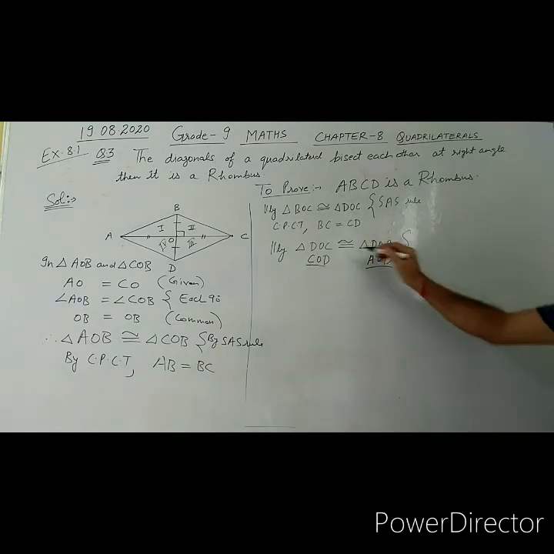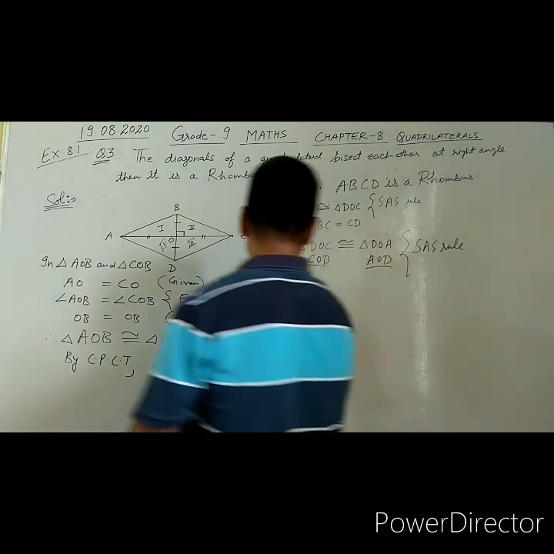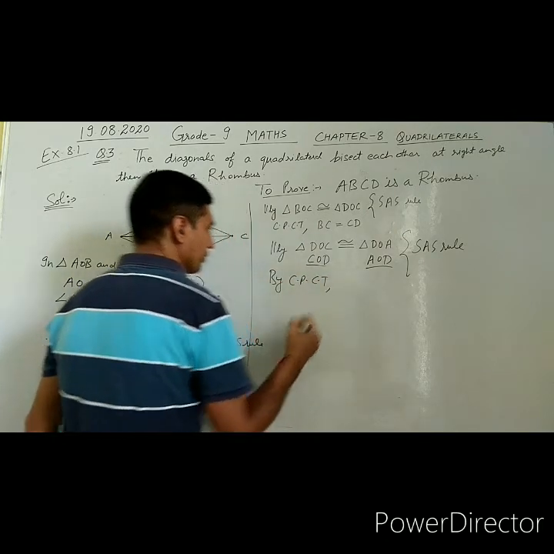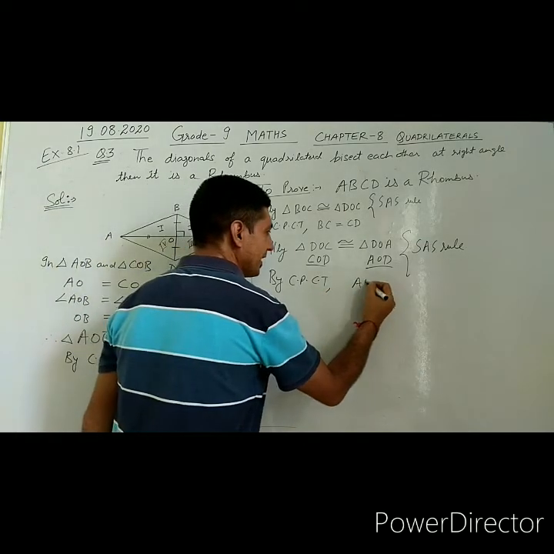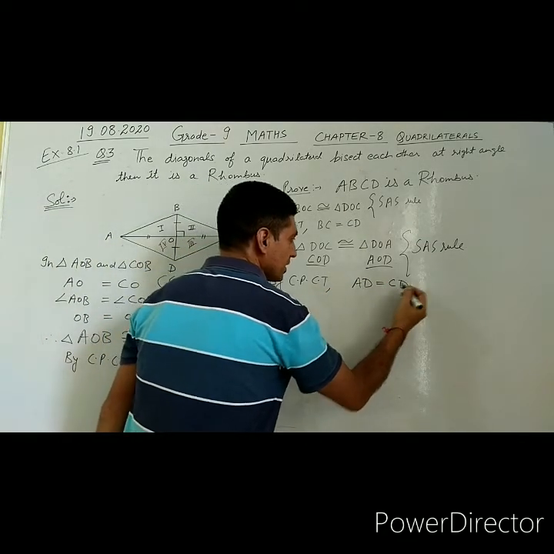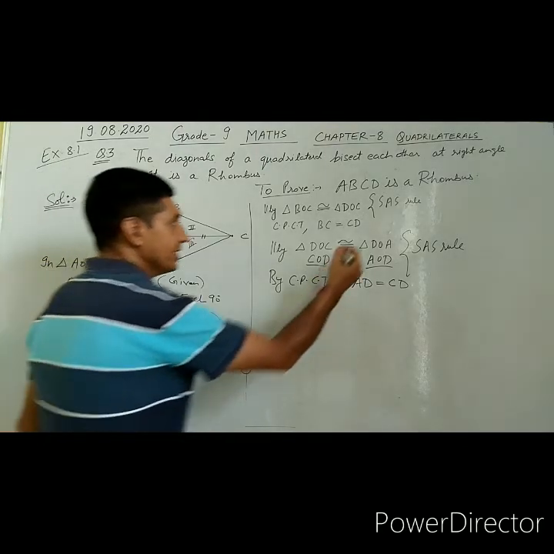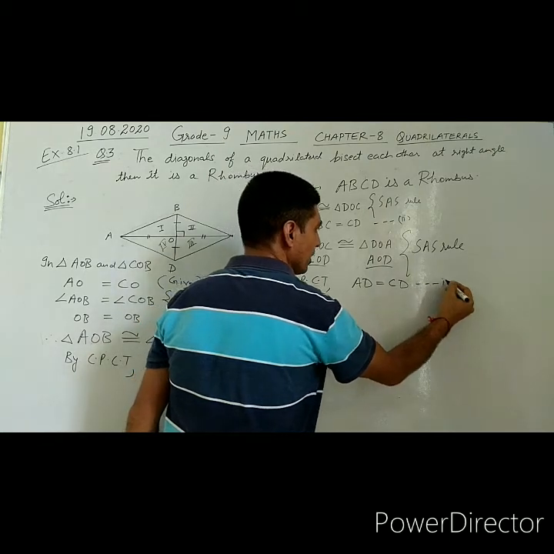Here these triangles are also congruent by the side angle side rule of congruence, and by CPCT we have CD and AD equal. AD is equal to CD. Let's take this as 1, this is 2 and this is the third.